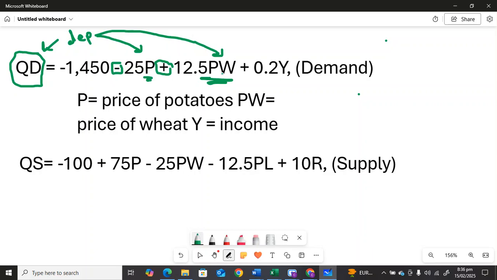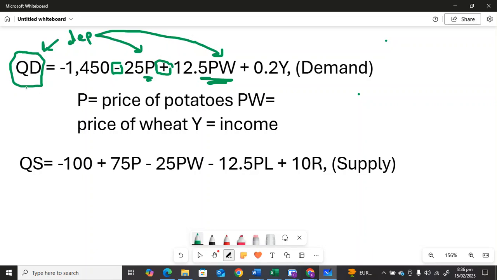Wheat is a substitute good, right? If its price goes up, quantity demanded for potatoes goes up because of this positive sign here, meaning wheat has become expensive, potatoes are cheaper, let's buy potatoes. If the price of wheat goes down, the quantity demanded for potatoes is also going to go down.